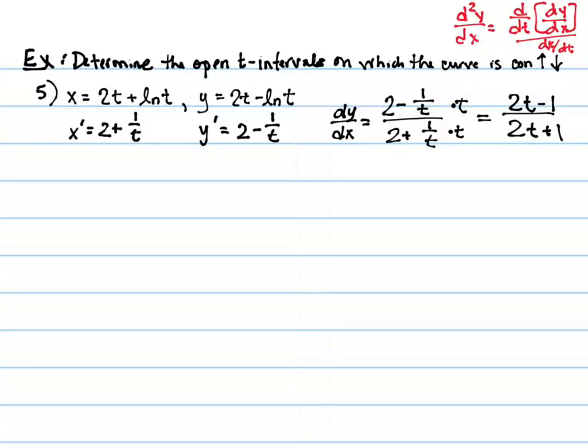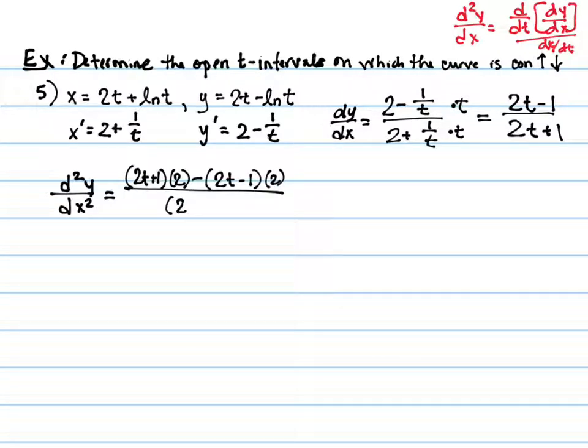So for our second derivative, we need to do d2y dx2. So we need the derivative of 2t minus 1 over 2t plus 1, which means I'm going to use a quotient rule, right? Quotient rule says I do the denominator times the derivative of the numerator minus the numerator times the derivative of the denominator over the denominator 2t plus 1 squared.